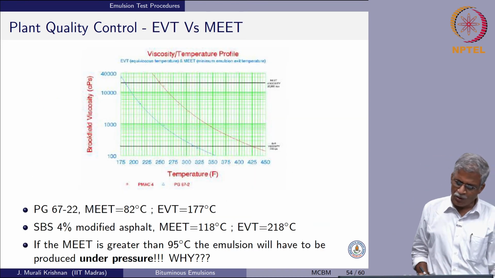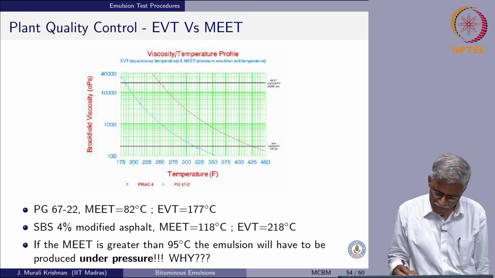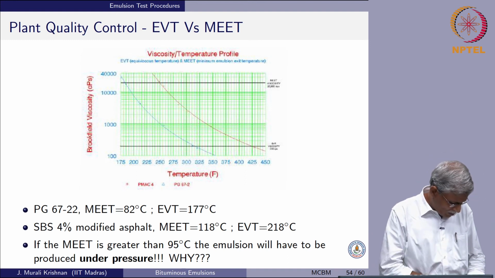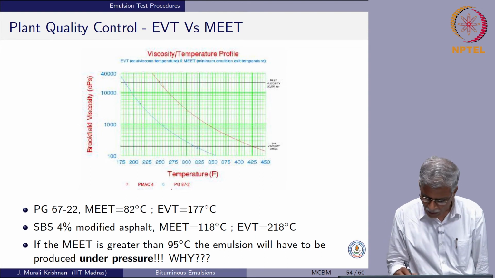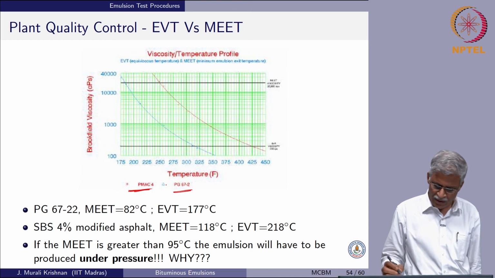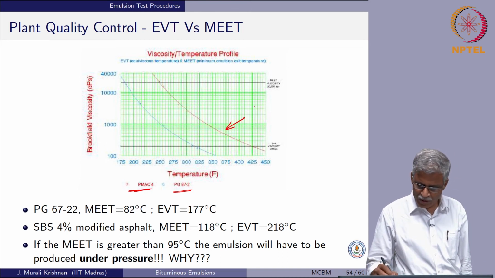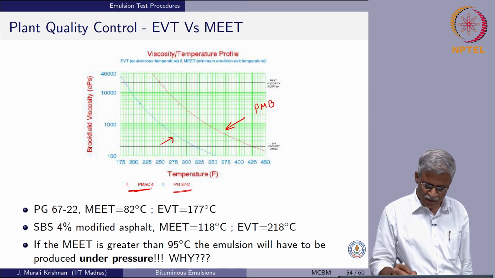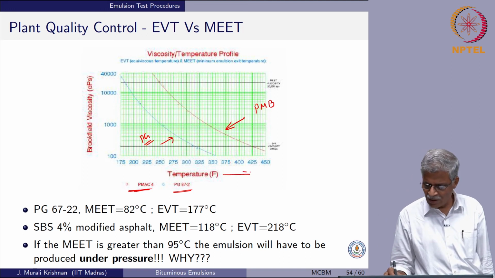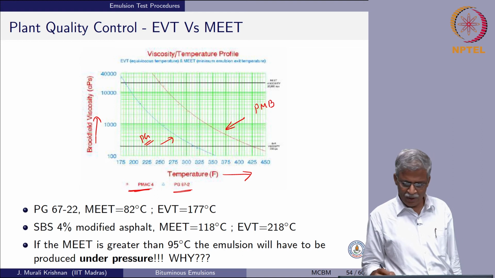Okay. So, if we just draw a graph, let us say we talk about a PG binder and another polymer modified asphalt binder. So, let me show it here. This is a PMB binder and let us say this is a regular PG unmodified binder, and this is temperature here, and this is the viscosity that you are really looking at.